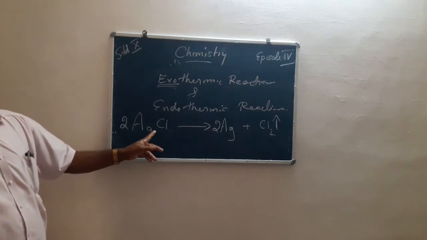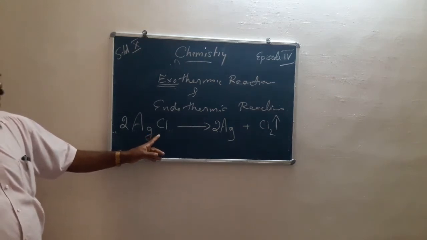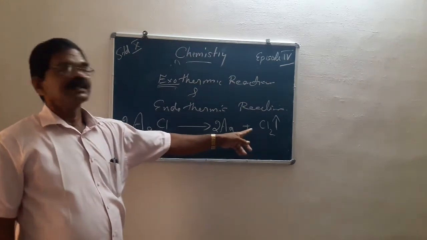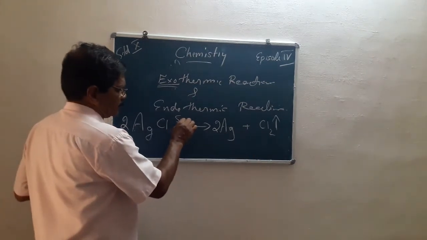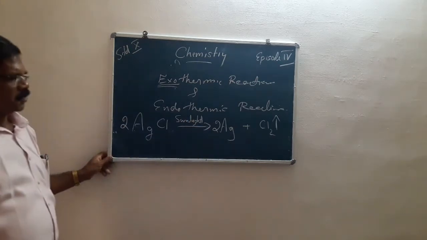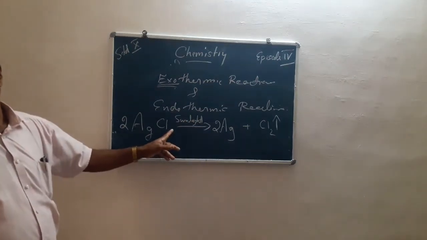Silver chloride, when exposed to sunlight, turns grey and chlorine is released. Here the decomposition is brought about by sunlight.